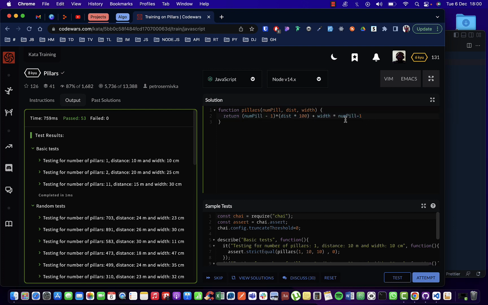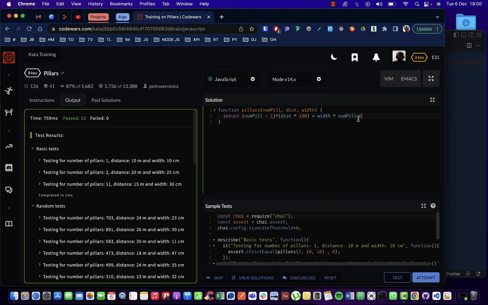But when we get to two pillars, we are meant to also get 0 because we are not considering the first and the last pillar. So if we put this as 2, then this is going to be 2 minus 1, which is 1, and it will return the width, which will fail. So what we need to do then is we're going to make this 2, right? So 2 minus 2 is 0, and times the width is 0, and that will pass now.